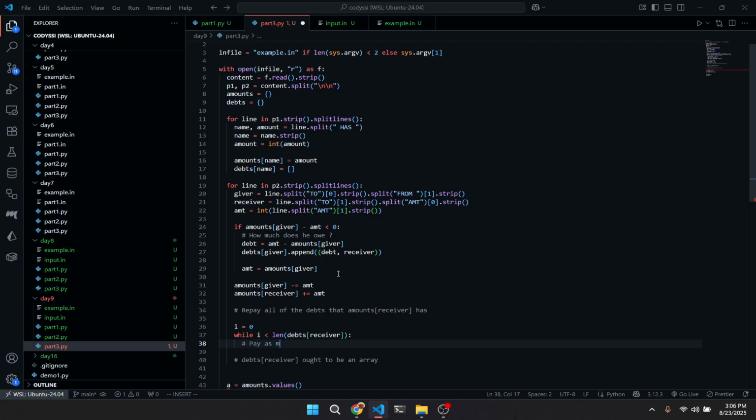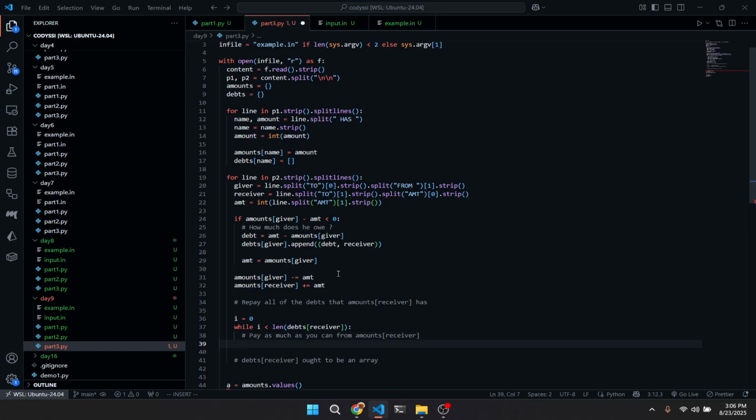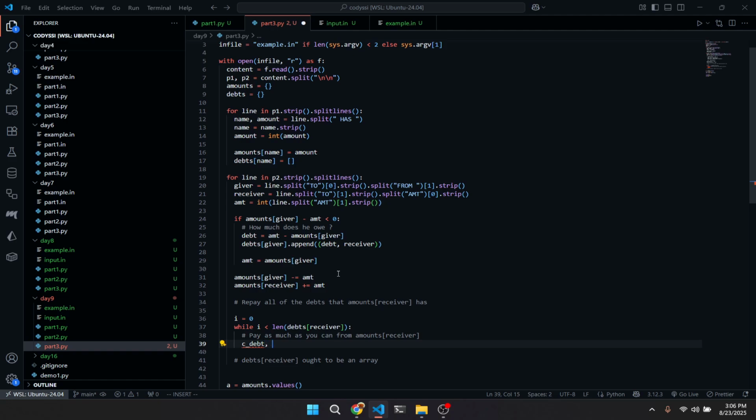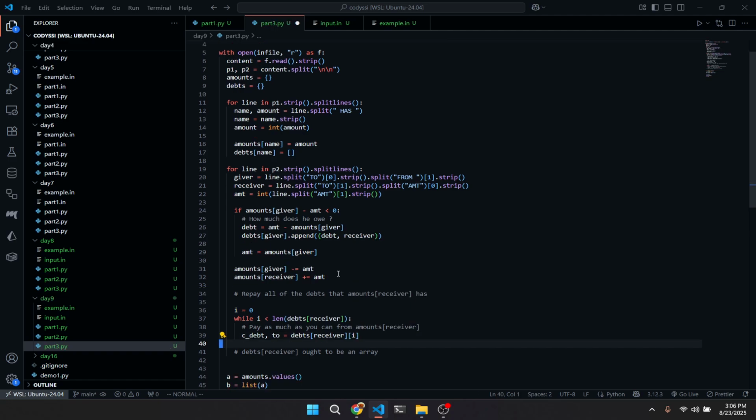So pay as much as you can from amounts at receiver. So let's say current debt and 2, which is I.